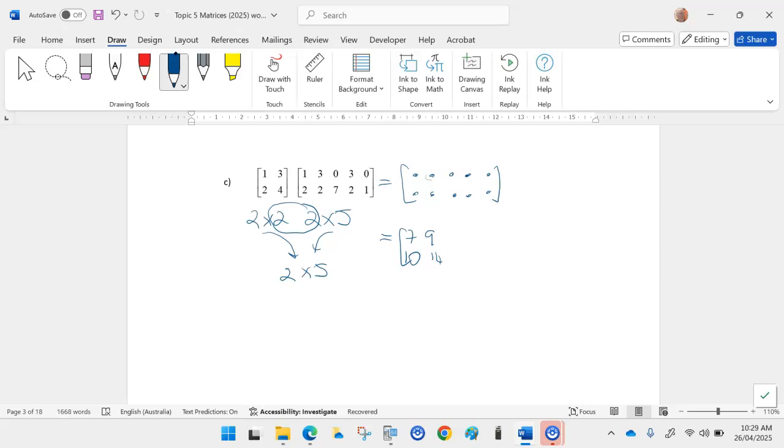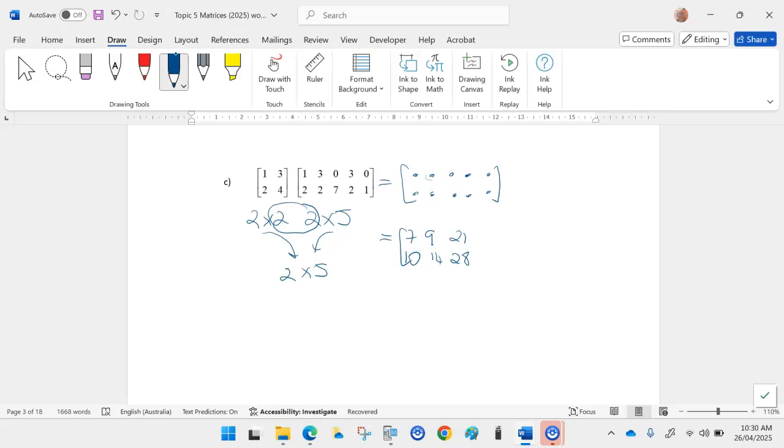Next along, we've got the first row, third column. First row, third column is 1 by 0, plus 3 times 7, which is 21 altogether. One underneath would be the second row, third column. Second row, third column would be 2 by 0, plus 4 by 7, which is 28.